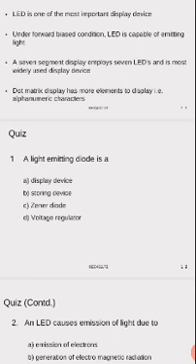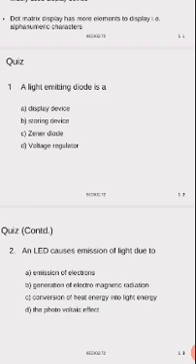Next quiz. An LED causes emission of light due to: Option A, emission of electrons.